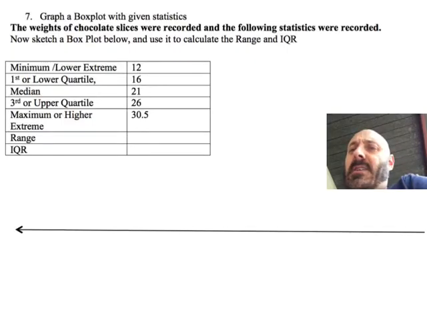Now I did notice that in the question they said sketch the box plot and use it to calculate the range and IQR. So what that would mean is you could draw this diagram first and then count the number of places if you wanted.